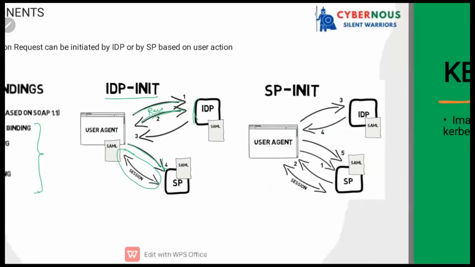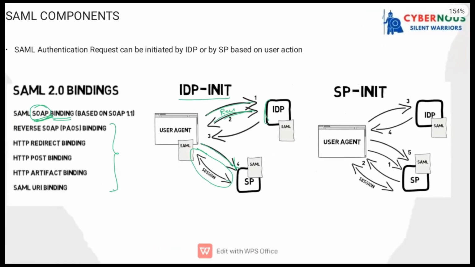When it is service provider initiated, the user will reach out to the service provider directly, and then the service provider will give back the SAML request. The user agent will take the SAML request to the IDP. The IDP will respond with the authentication, and then the user agent will pass the same authentication response to the service provider, and then the session will be established between the 2 parties.